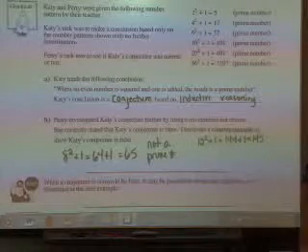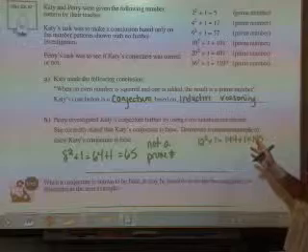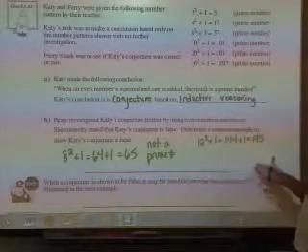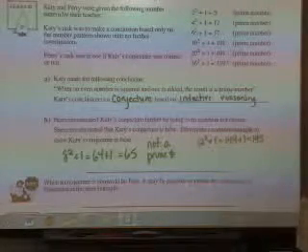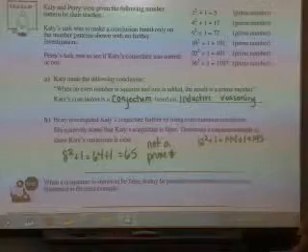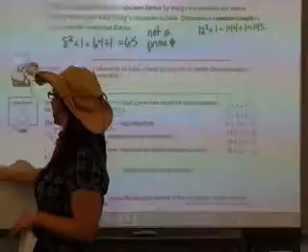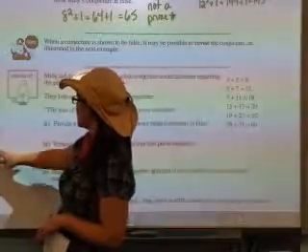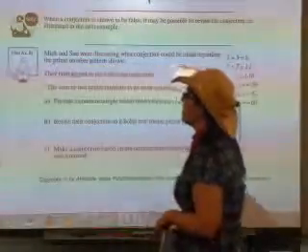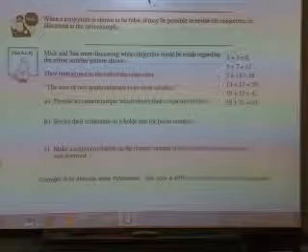I get 145, which, because it ends in a 5, means I can divide it by 5. So again, it is not a prime number. So sometimes when I have a conjecture that's shown to be false, what I could do is revise the conjecture. So let's look at class example number 3.